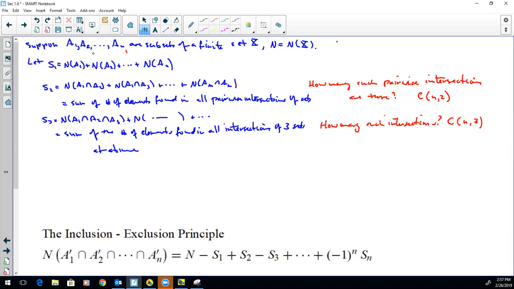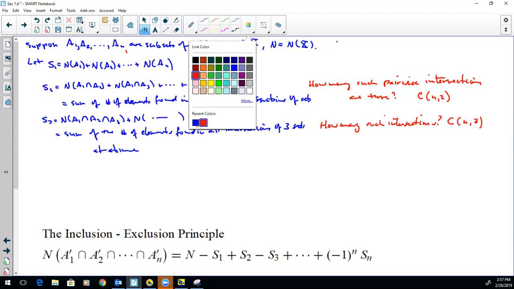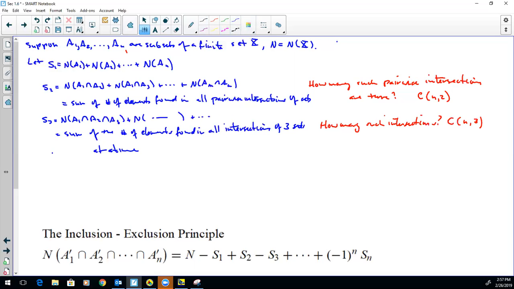Okay, and we keep this up. S sub n then is, well, there's only one thing in this. This is A1 intersected with A2 intersected with A sub n. It's the number of elements, and I'm using a lowercase n.